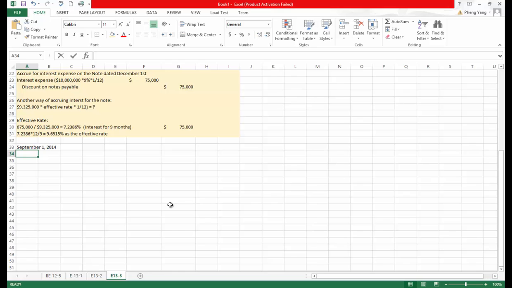Okay, so I know that interest expense is going to be debited. I know that my notes payable is going to be taken off the books. I know that the discount on the note is going to be credited. And I know that I'm going to be paying cash, which is the maturity amount.